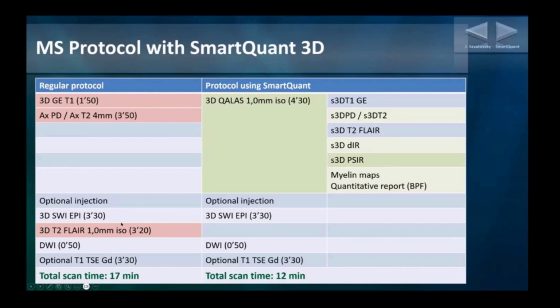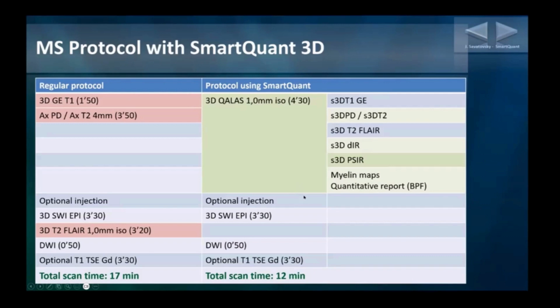So now the important thing is you have all those complementary sequences that are in green, but you also can reduce the scan time because you will replace 3 sequences by only 1 sequence that has almost the same acquisition time.